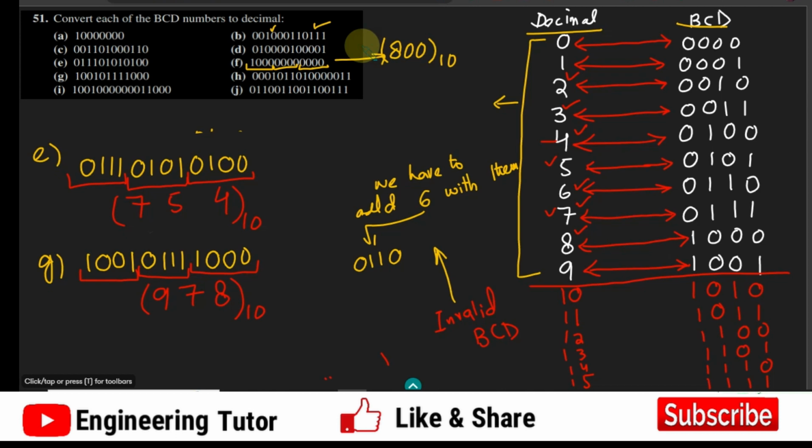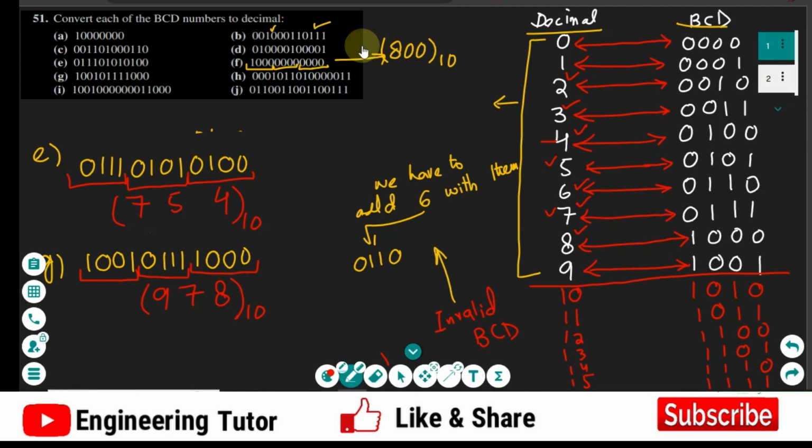Let me solve part H here, which are the numbers containing a higher number of bits. Let me remove them here as well.